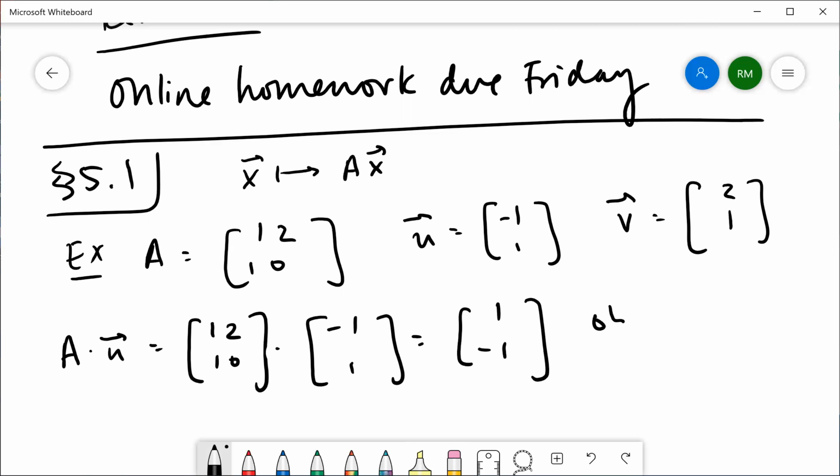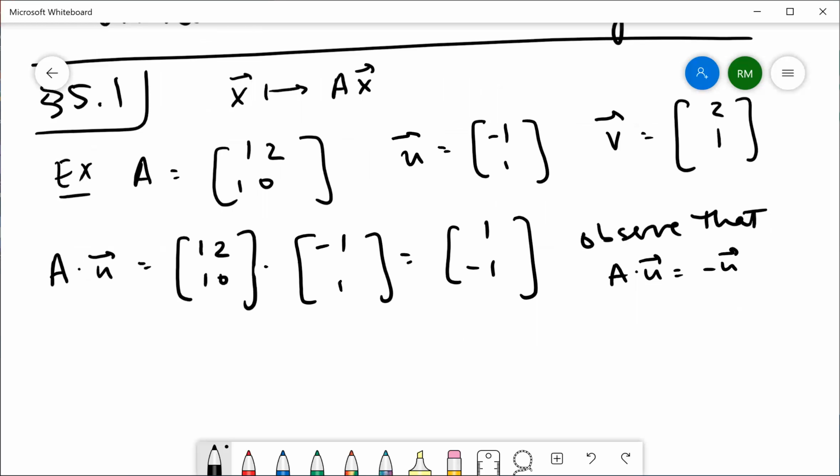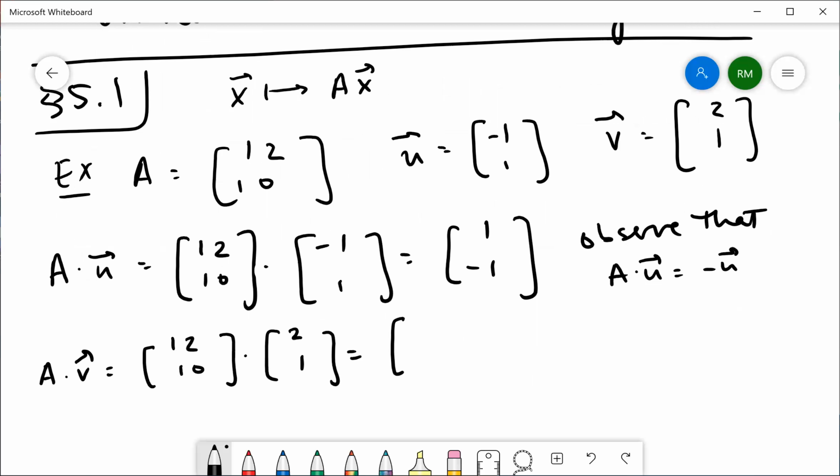So observe that A times u was negative u. Let's also look at A times v. What we get is 4, 2, which is 2 times v. So A times v is 2v.